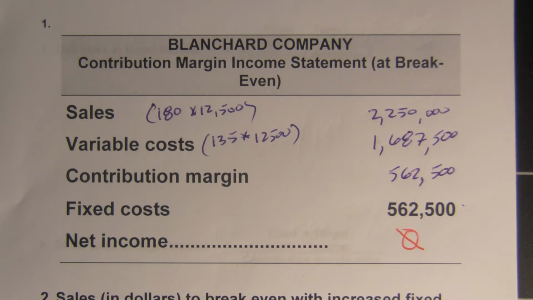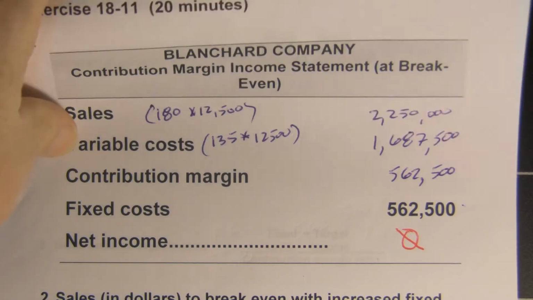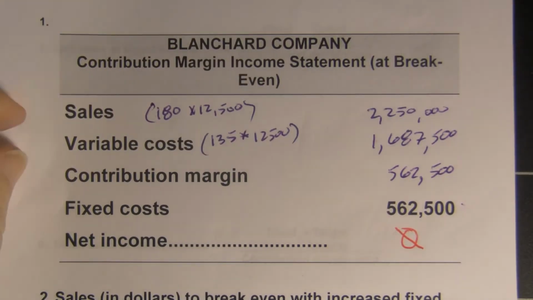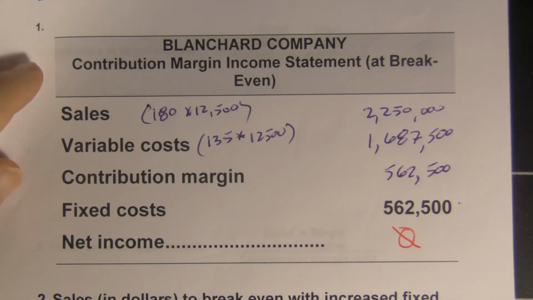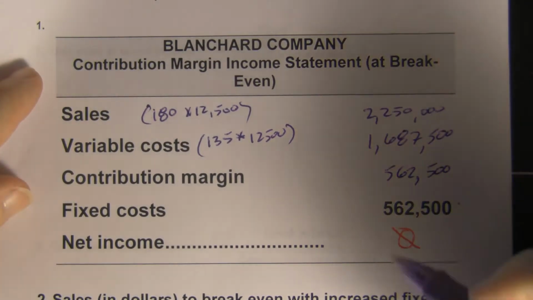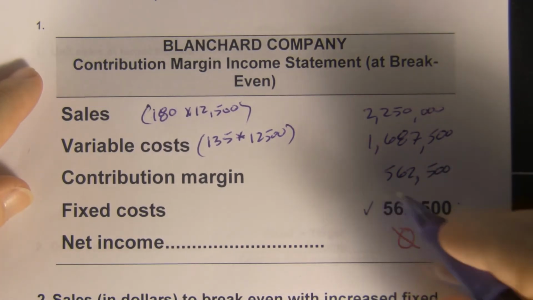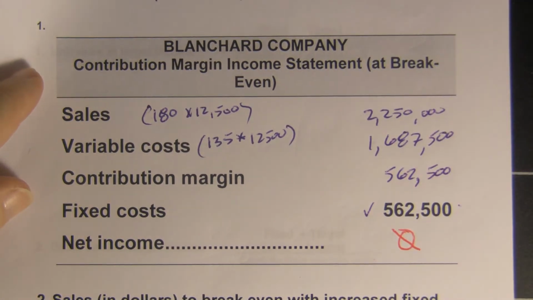Sometimes it's important to know how much above the break-even point you're operating, how safe you are. But more often than not, you'll want to know what's going to happen if your fixed costs go up or if you have a specific target profit.